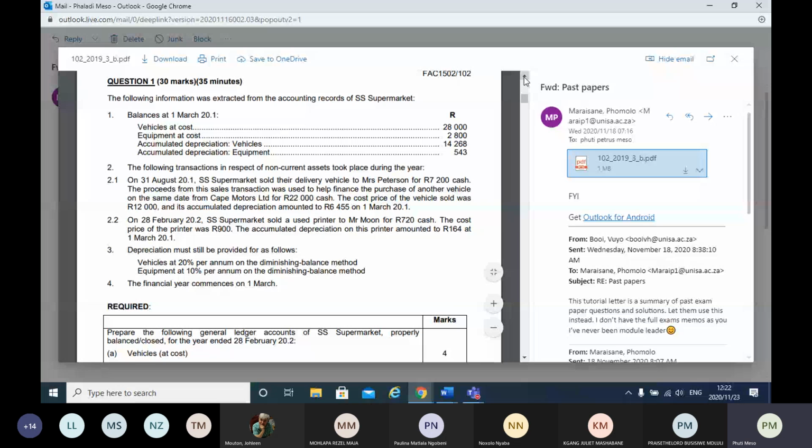And we're going to look at the accumulated depreciation for the sold vehicle. So we had 7,009, and then we go to, yes, okay. And we had 7.2 for what we've sold. It's what we've cashed in when we sell the vehicle to Mrs. Peterson.